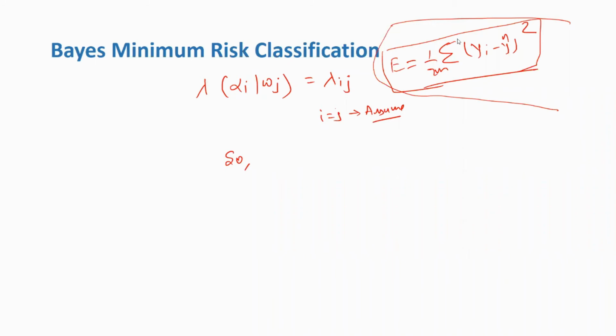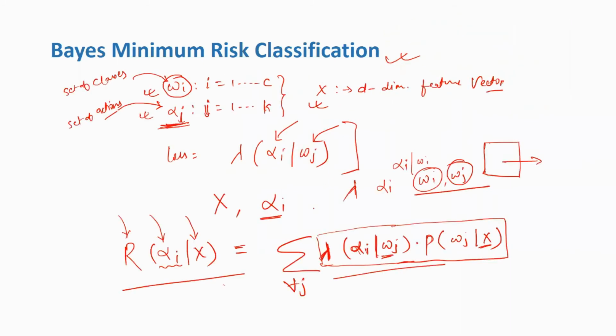Here I am saying that the risk is given by the loss multiplied by the probability.